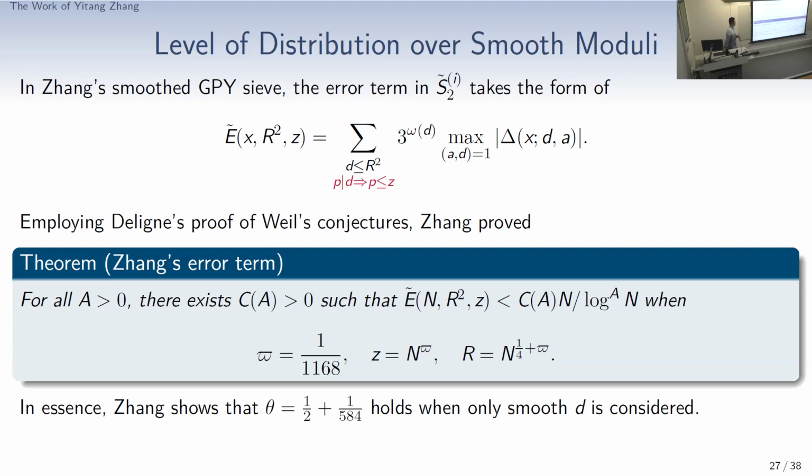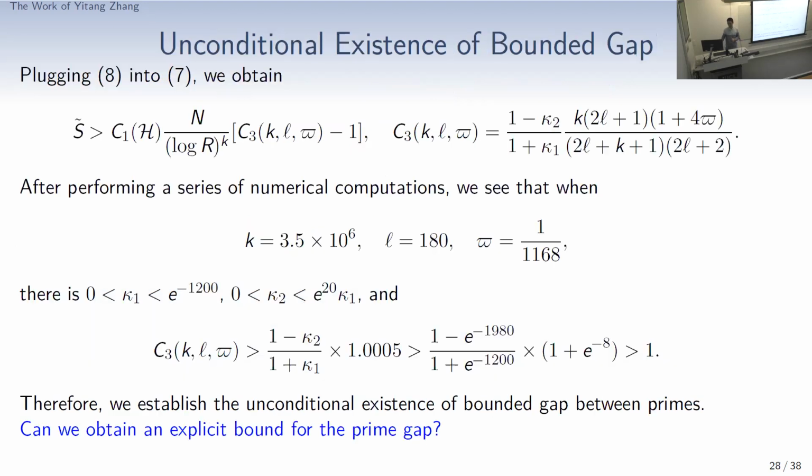Now let's see how we can obtain that. This is the final estimation in Zhang's version of the GPY sieve. As you can see, in the GPY sieve, here's C2 of K times theta, but in Zhang's situation, we have a more complicated expression.